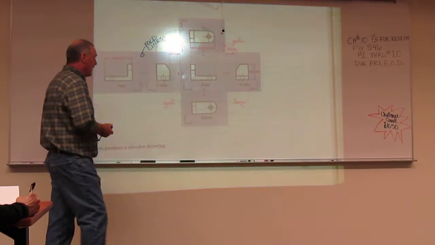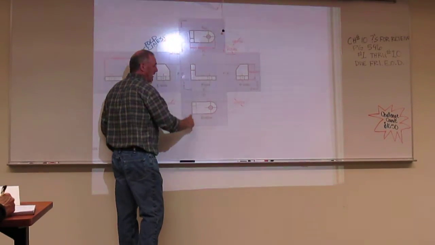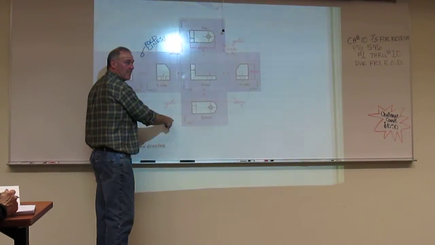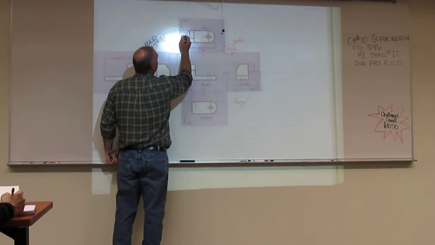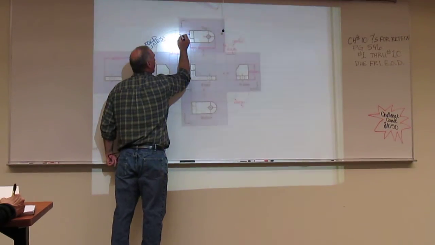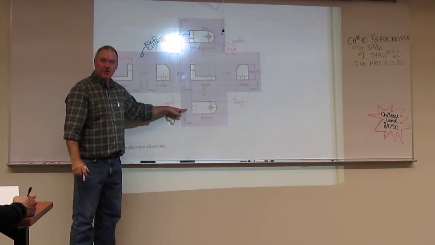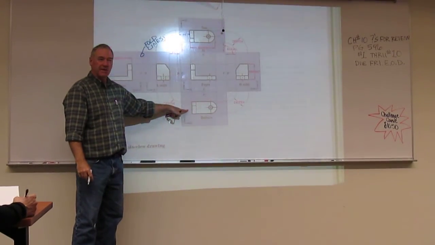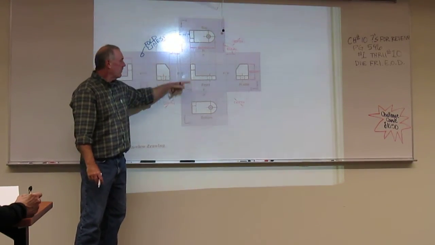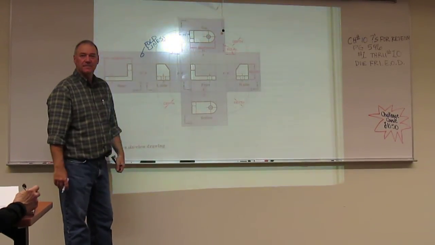Because if you think about it, I have these three views all lined up, right? Therefore, these three edges are all lined up. So if I know here, in this case it's width, from there to there, do I now know the width here? Yes, I do. Now, do we see width anywhere else?